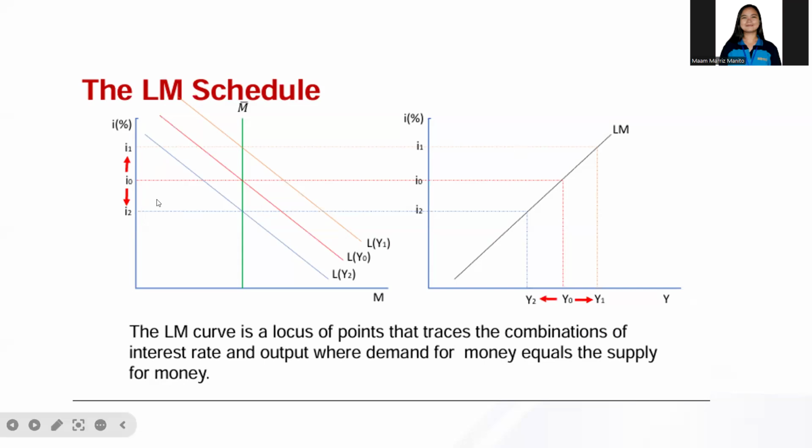And then, nakabaliktaran naman, pag bumaba yung interest dito, mas lesser yung manghihiram ng money, gagamit ng money, mas bababa yung output.